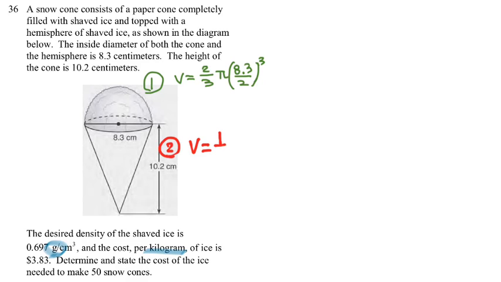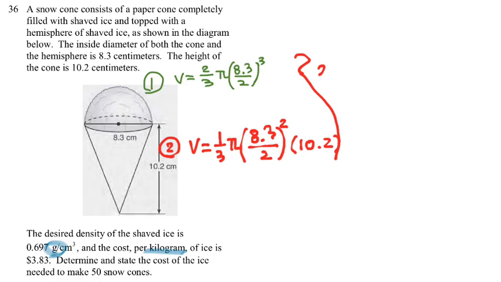Now, the second volume will be the volume of a cone. Radius is 8.3 over 2, same way as before. Square that and times by the height, which is 10.2. Then the entire volume so far is 333.65.